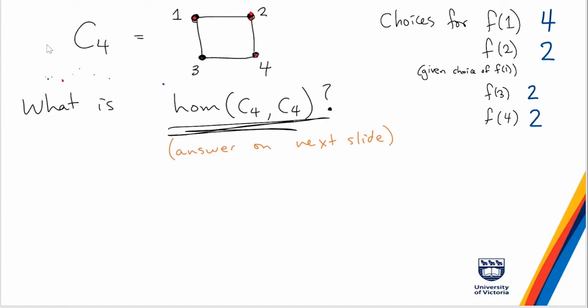That might be a little hard to see, but if I chose 1 to go to 1, without loss of generality, and suppose I chose 2 and 3 to both go here, then f(4) has to be a neighbor of f(2) and f(3), so the choices are either 4 or 1. If, on the other hand, I chose f(1) to go here, f(2) here, and f(3) here, again I have the choices 4 or 1 for f(4). So I think that gives you 32 choices overall.